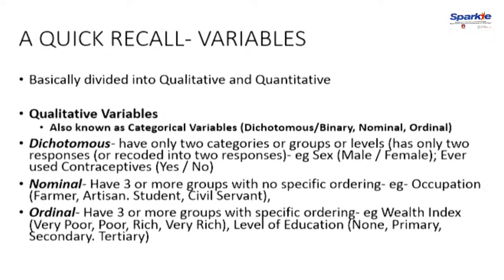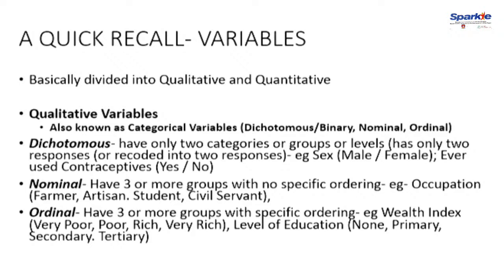But when it is ordinal, it has 3 or more groups with specific ordering, like wealth index. You go from very poor to very rich. Level of education, you go from none to tertiary. Can you give another example of a variable like that? Age group. 15 to 19, 20 to 24, 25 to 29, on and on till 49.